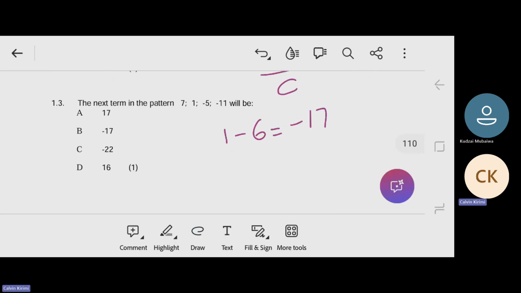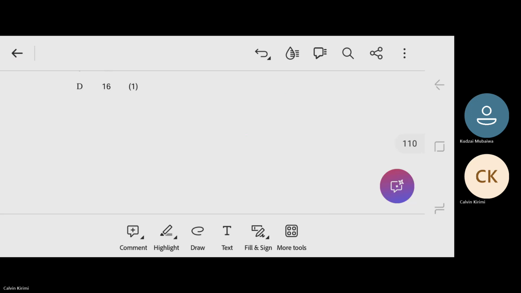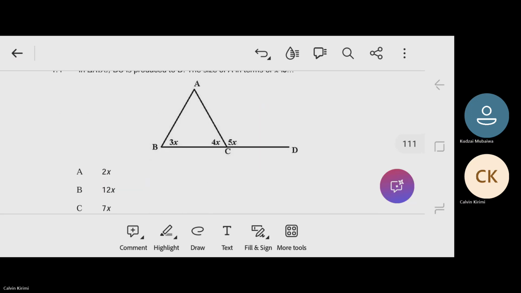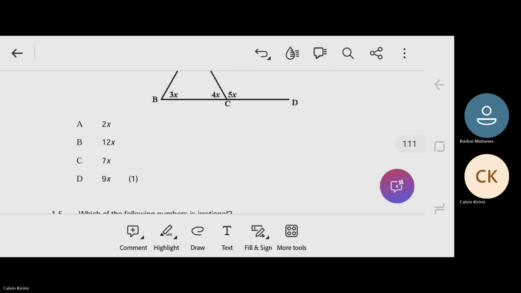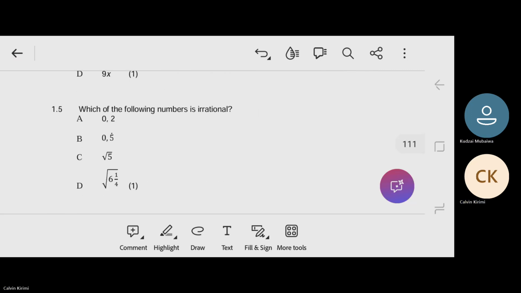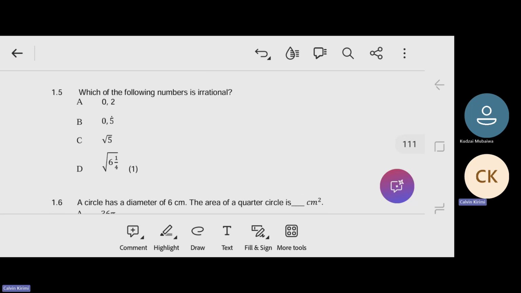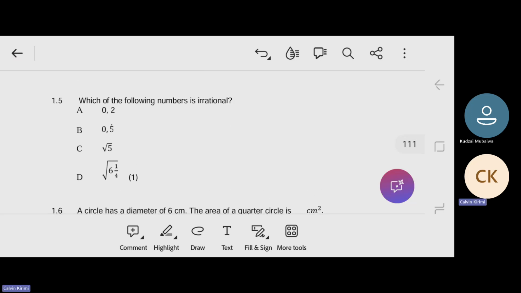So let's go to the next one. Which one is irrational? Which you cannot express as a fraction.